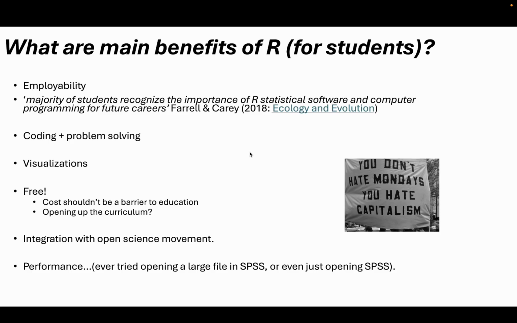Other benefits for students are just learning code. So as we become a more and more data saturated society, more and more data related jobs are becoming available and you need to learn to code. So R teaches you a specific way to code, which is a lot more transferable to other types of programming languages like Python, like C++, compared to what you'd learn in SPSS.